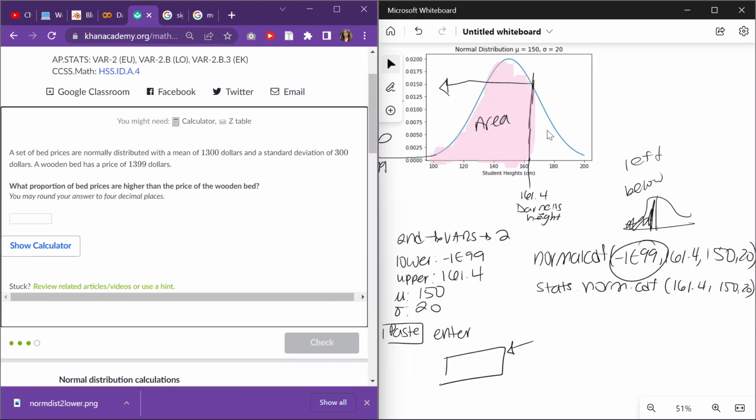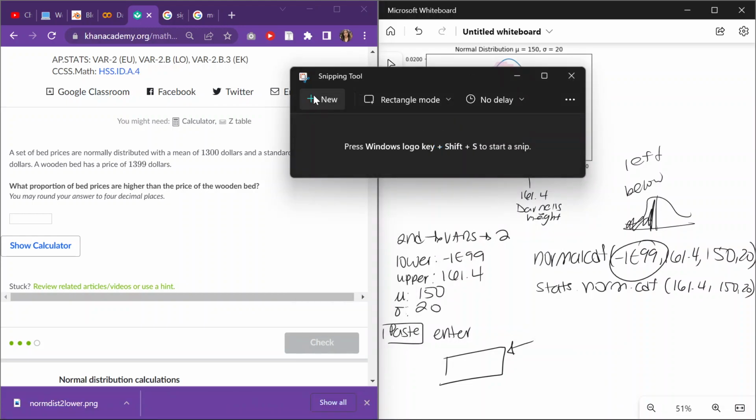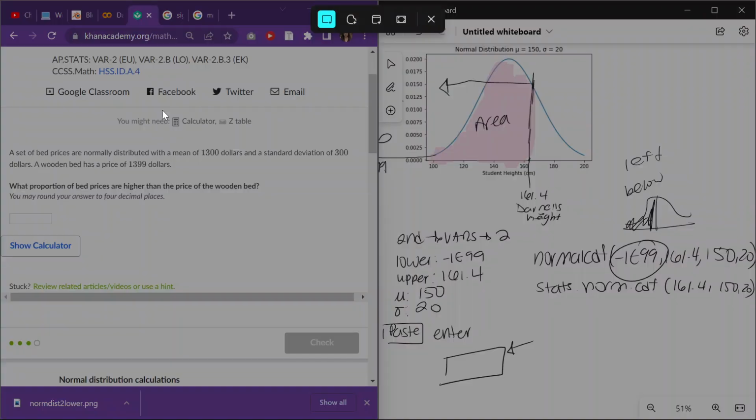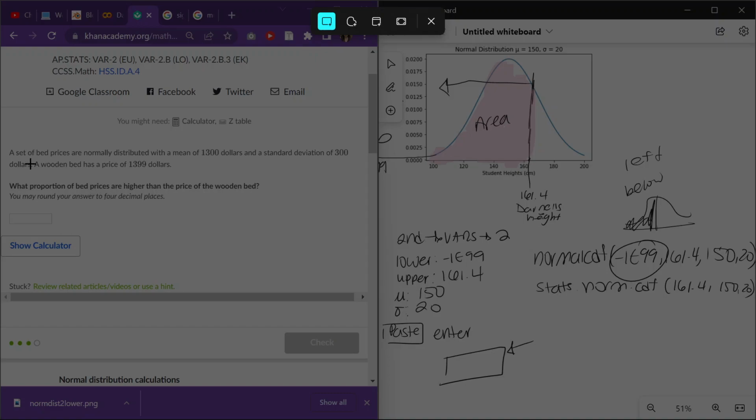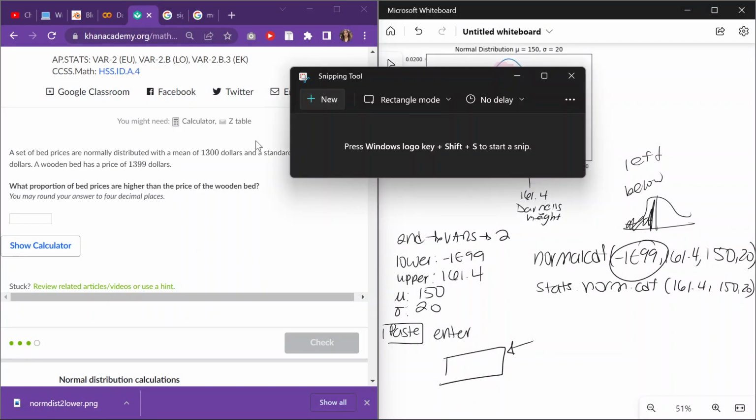So now let's try a problem where we have to calculate the proportion above, or higher than, a point. So let me take this.